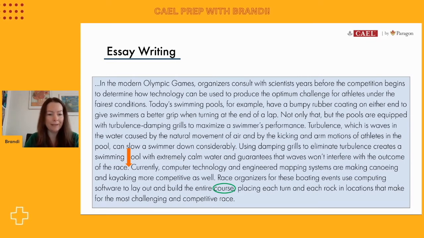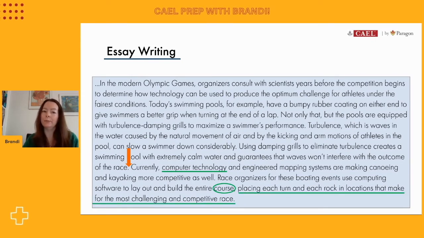So I gather that within the sport of canoeing and kayaking, if you can imagine these boats racing, they're navigating this race course to get to the bottom. So it looks like we're adding this innovative computer technology. And by using the technology to build that race course, the race organizers can make the most interesting or the most competitive course ever by putting these challenging turns and obstacles in the way.